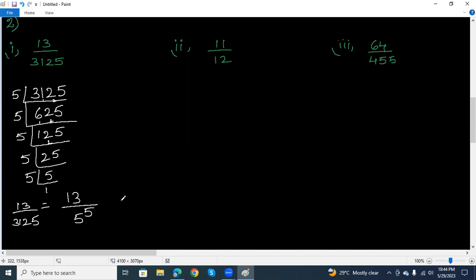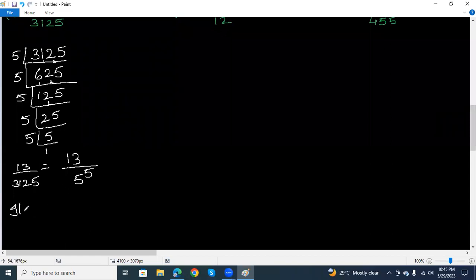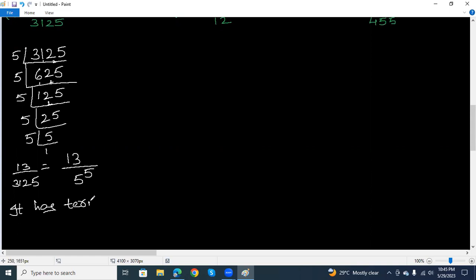Because here we said 2 power n, 5 power m. The denominator should be in the form of 2 power n or 5 power m, or a combination of both. Both can be there. Then we can conclude it is a terminating decimal. So I can write here that it has a terminating decimal.